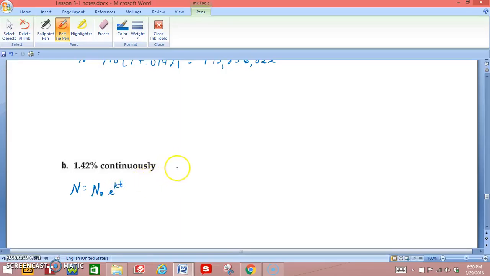Okay, and this time our N sub 0 is still 110 million because the problem didn't change, just the formula did. K is 0.0142, and then T is going to be 10, and then we've got to do it with 20 also.